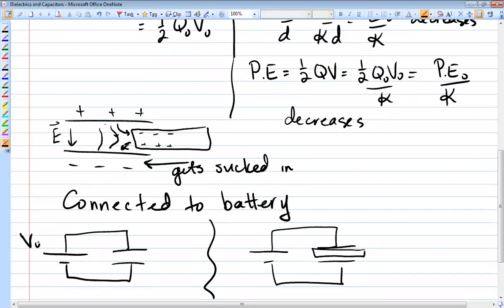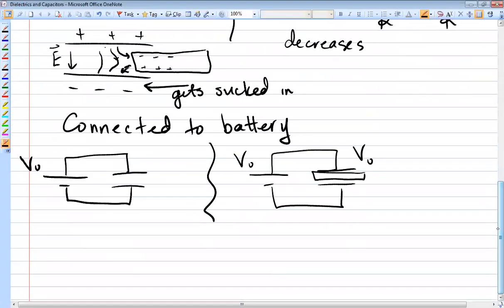So if this is V0, this is V0, this is V0. The voltage cannot change if you're connected to a battery. The capacitance, which was C0, changes and becomes kappa C0. So the capacitance still goes up when you put the dielectric in.